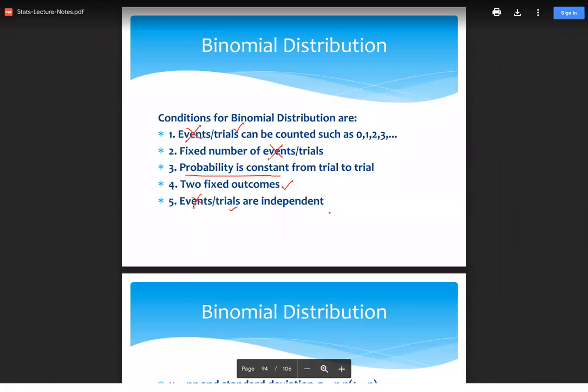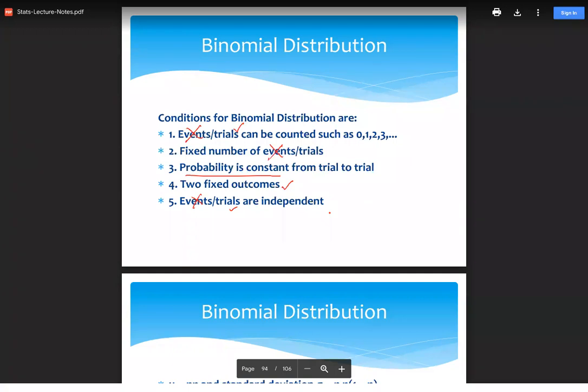So the trials don't influence each other's outcome. They are independent. If you have a real world scenario such as this, then you could use binomial distribution, okay? Any real world scenario that has all these characteristics, you could use binomial distribution.